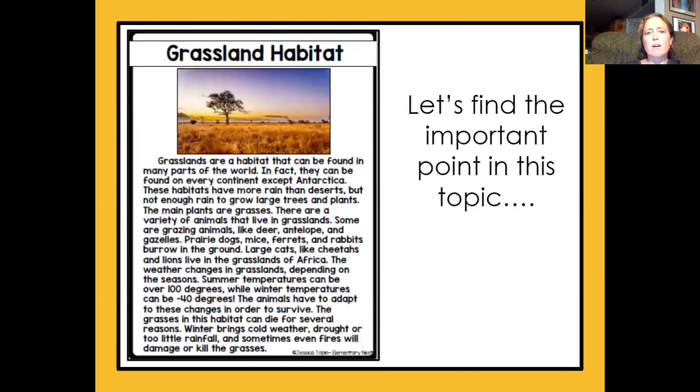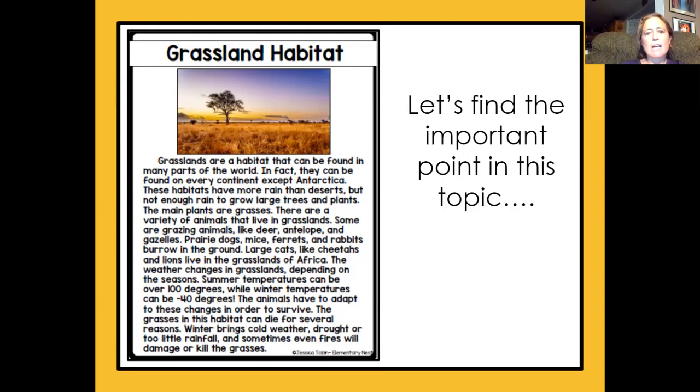The main plants are grasses. There are a variety of animals that live in grasslands. Some are grazing animals like deer, antelope, and gazelles. Prairie dogs, mice, ferrets, and rabbits burrow in the ground. Large cats like cheetahs and lions live in the grasslands of Africa.